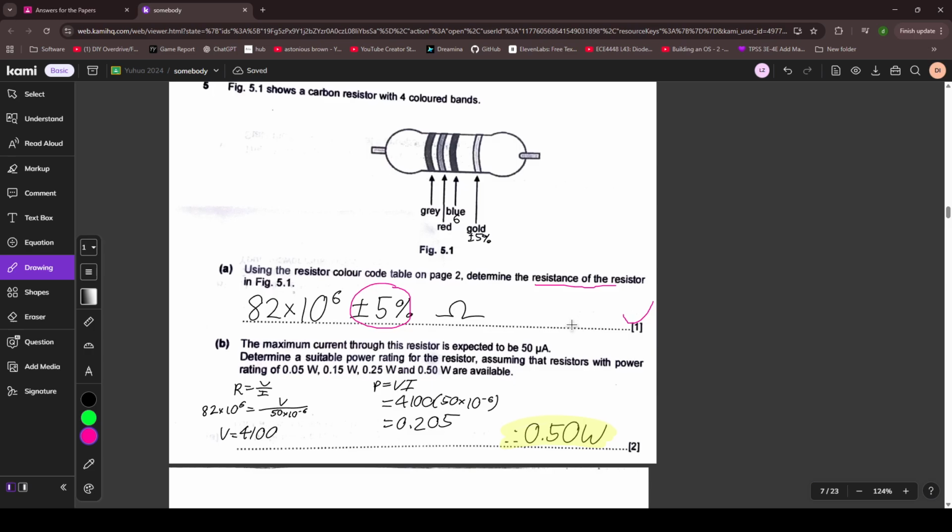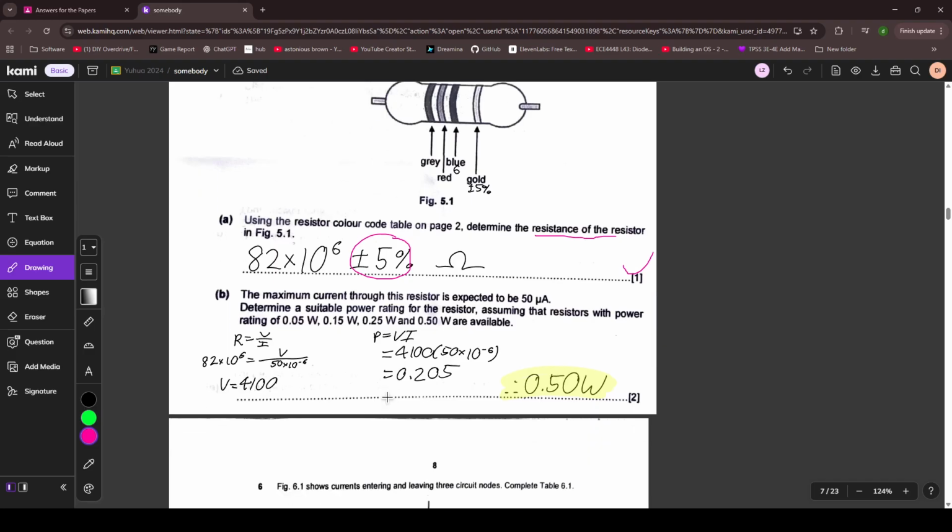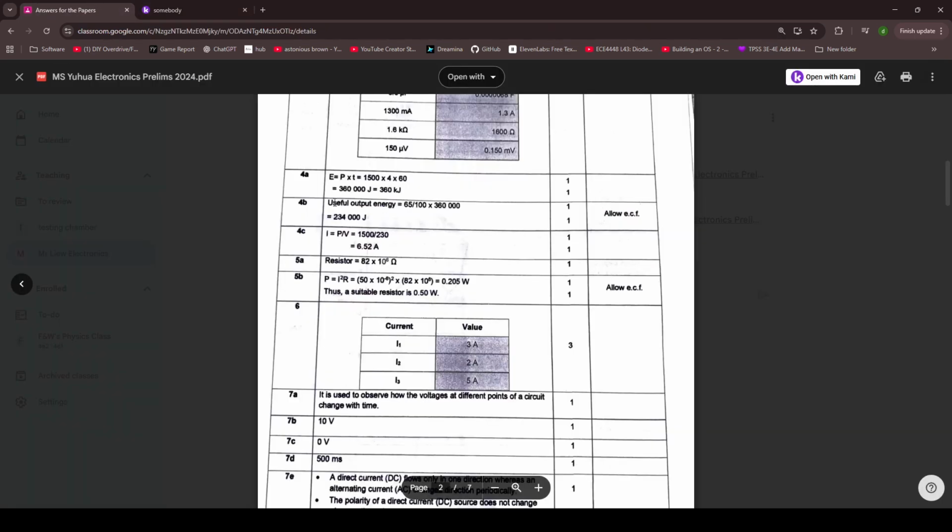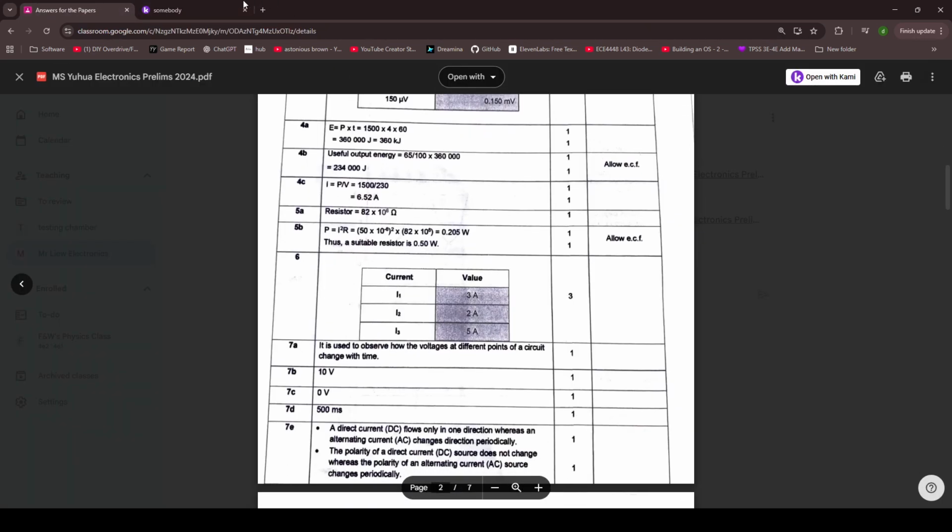R is VI, so we know the voltage in it. And then we know the power because P equals VI. Yeah. Wait, let me just see if you're right first. Yes, you're right.